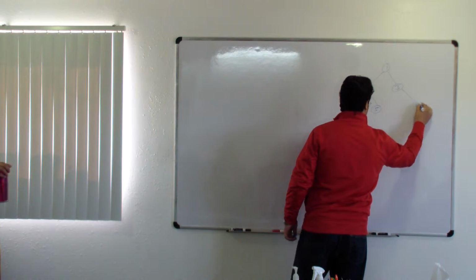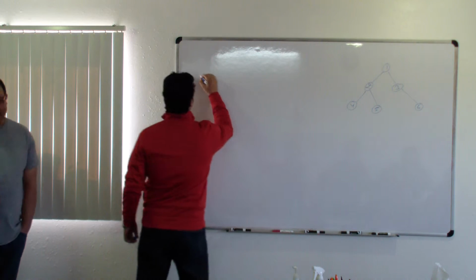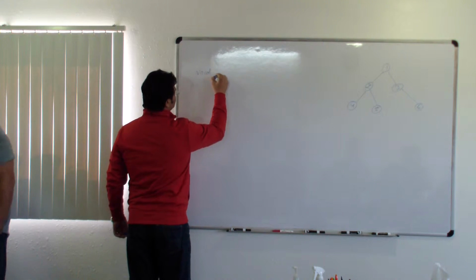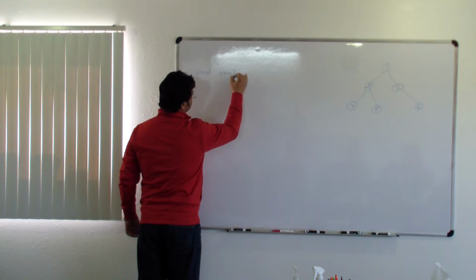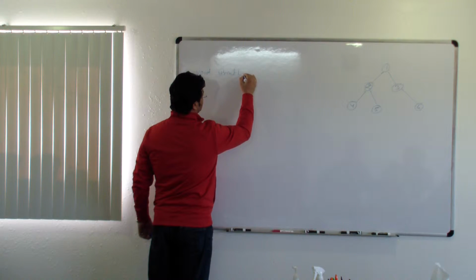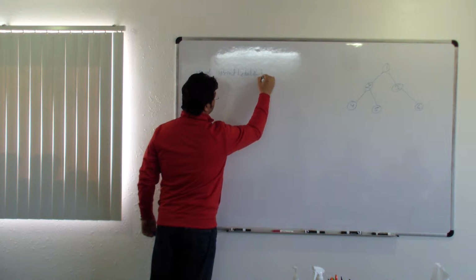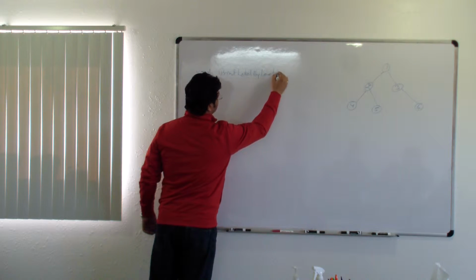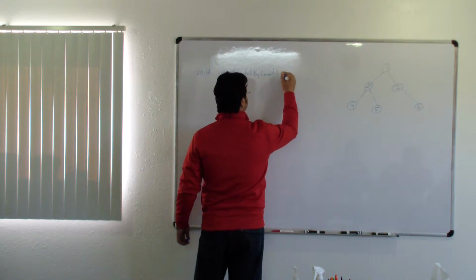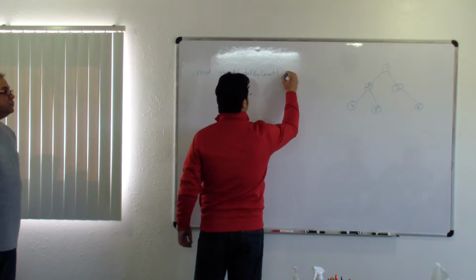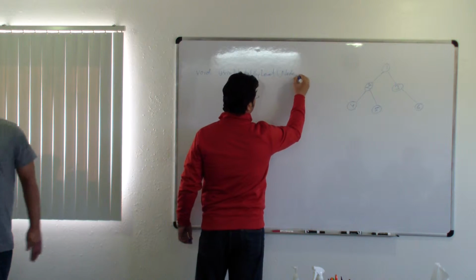Okay, this is an example. Print level order. Here we will pass the node, root.